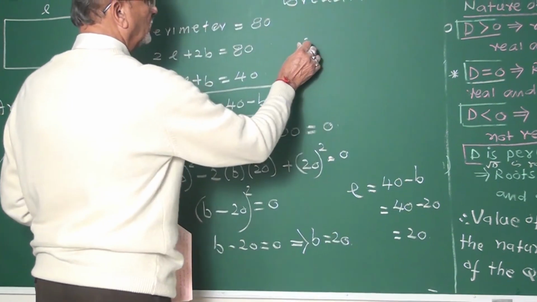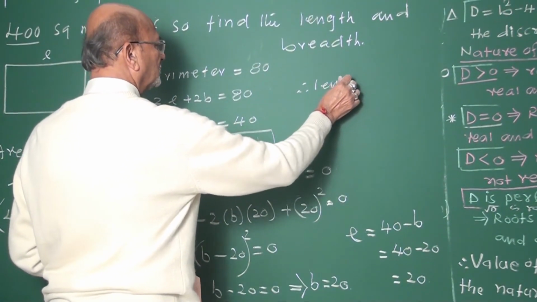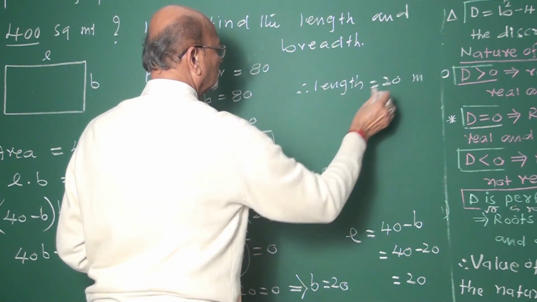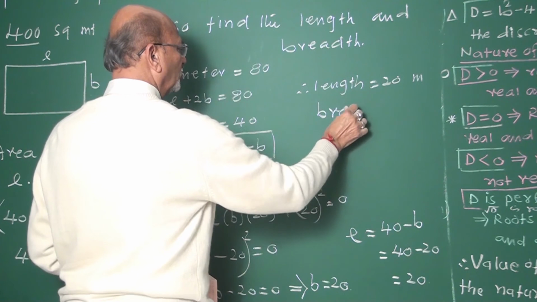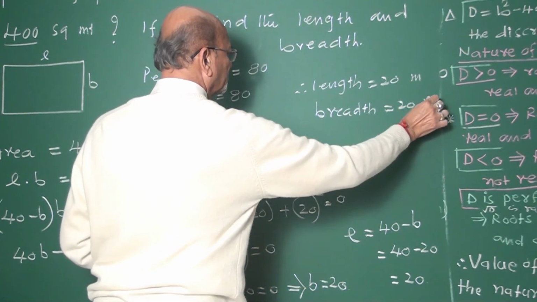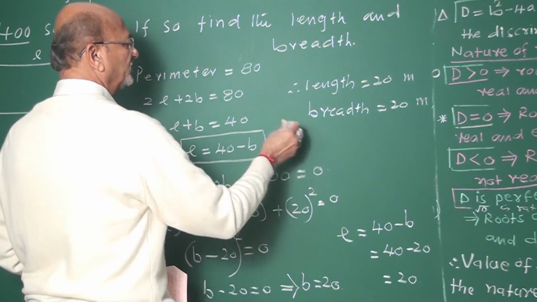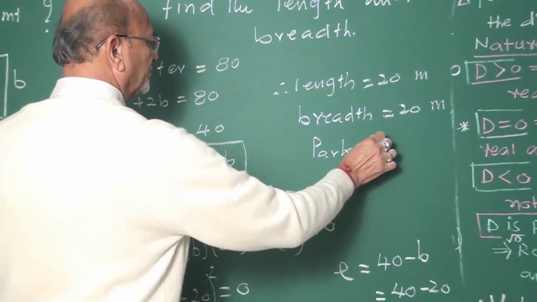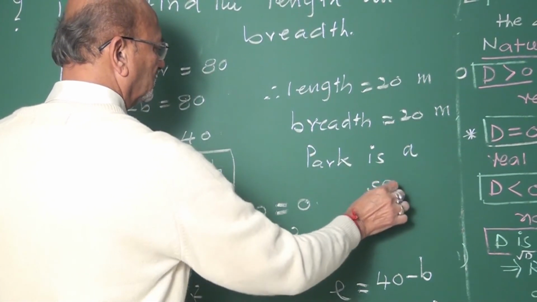Therefore, the length is 20 meters and the breadth is also 20 meters. Instead of rectangular, the park is a square.